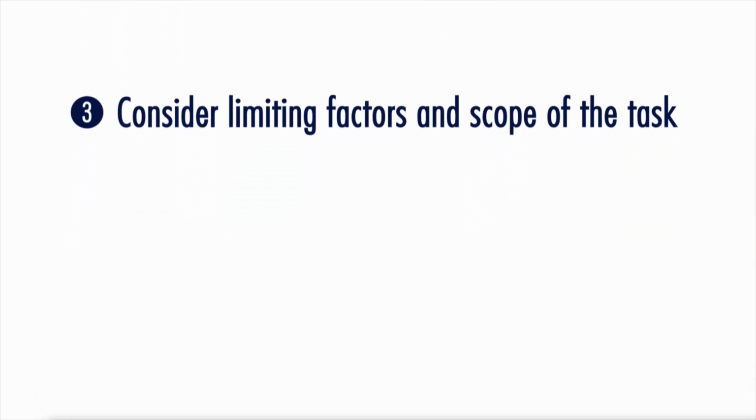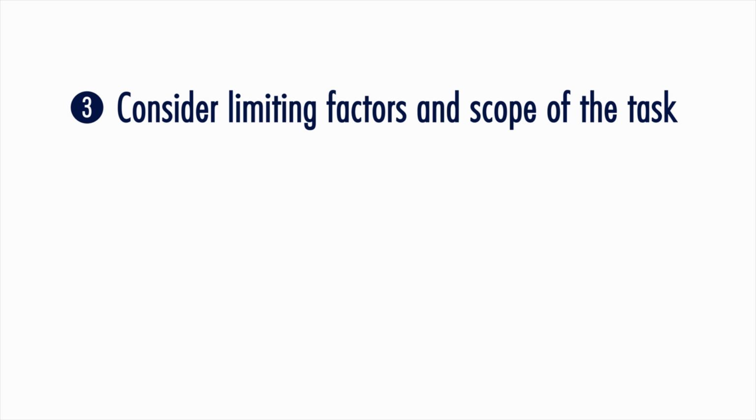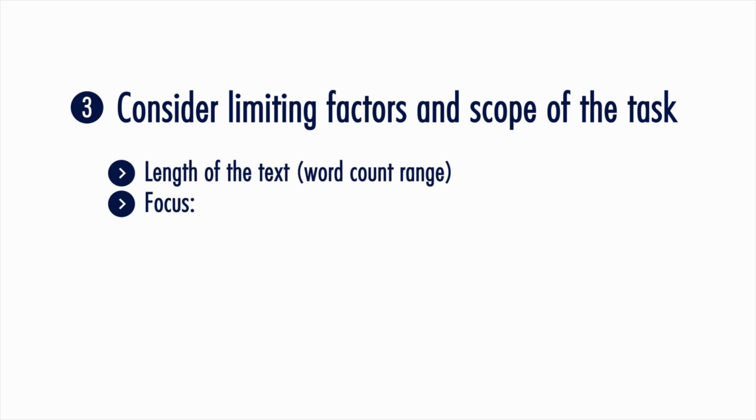Thirdly, you should also consider the limiting factors or the scope of the writing task. These factors will vary in different contexts. The limiting factors might include the length of the text, usually indicated in a word count range.